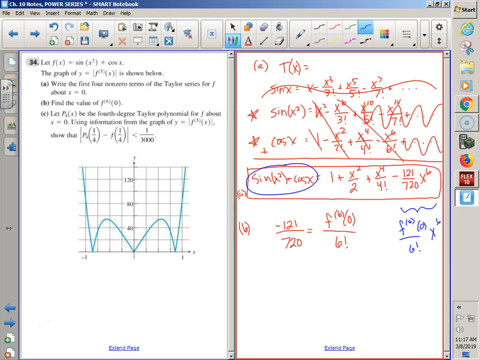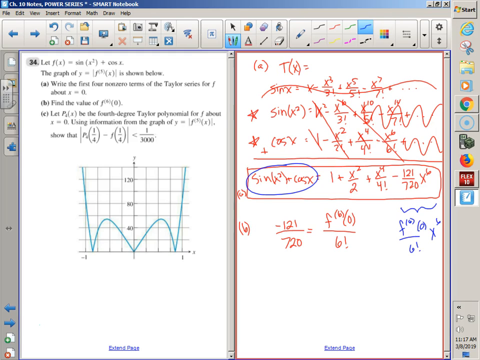We were able to jump ahead using some special series, some special Maclaurens. But ultimately, if she had done 6 derivatives, she would have built this term from the function, not using any of this. So they're asking for the 6th derivative of this function at 0, which is contained in this term.